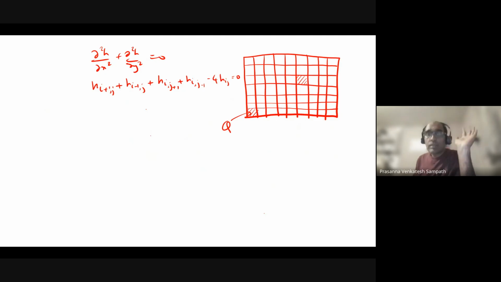This is the equation that I can solve for all the other cells. Very easy, straightforward. So this is for a random cell in the middle of the domain.